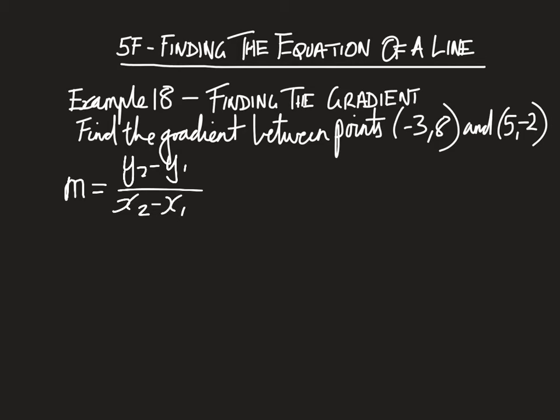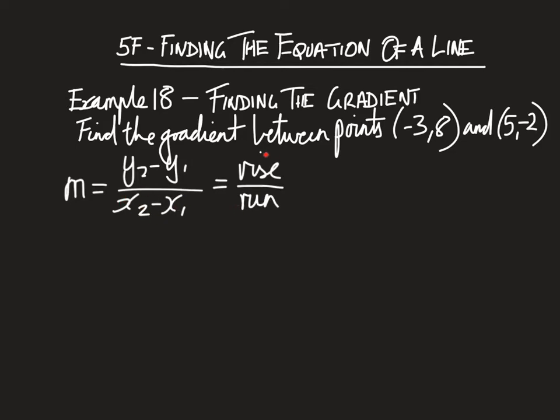Over here, I am going to write rise over run. Now m, as you'll recognise from y equals mx plus b, is the gradient. That's why I've written rise over run, which indicates that the rise refers to y2 minus y1. I'll explain how that works in a minute. And the run relates to x2 minus x1.